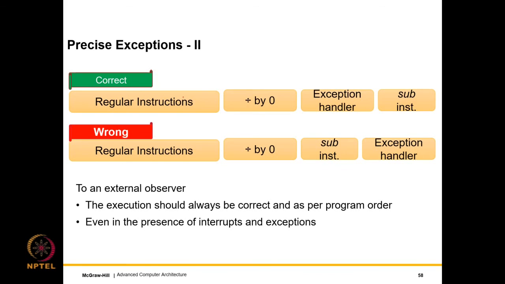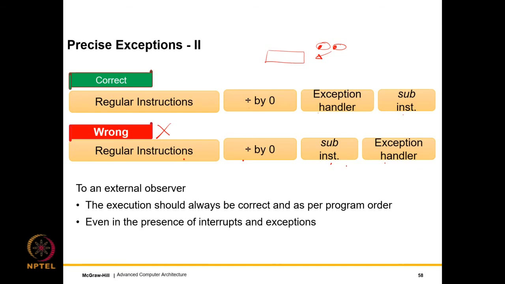What do I actually mean? What I mean is that externally, if this is the processor and I have a pair of eyes looking at it externally, they should see this order: the regular instructions, divide by 0, exception handler, and the subtract. They should not see this order, which is regular instructions, divide by 0, the subtract, and then the exception handler.